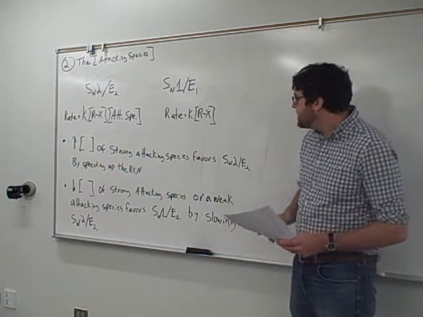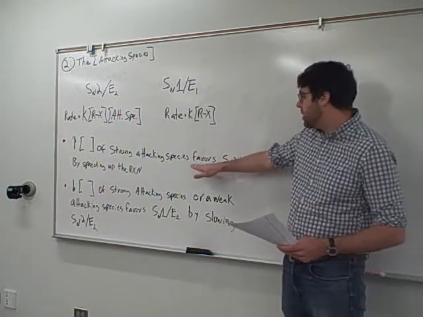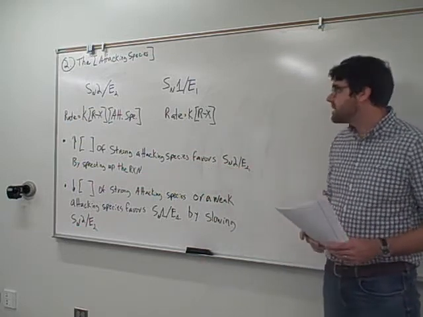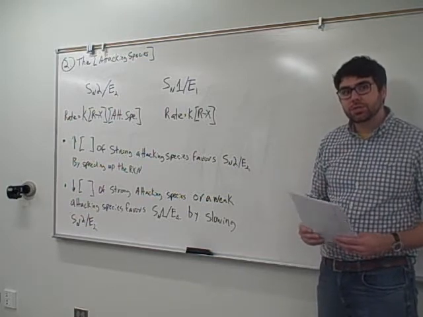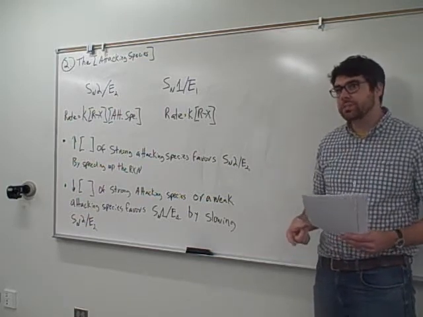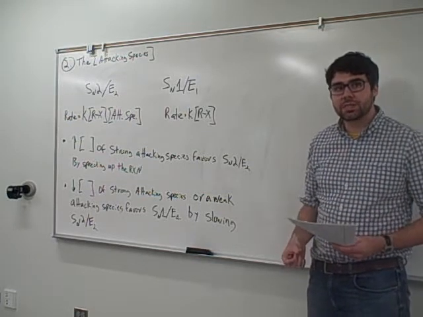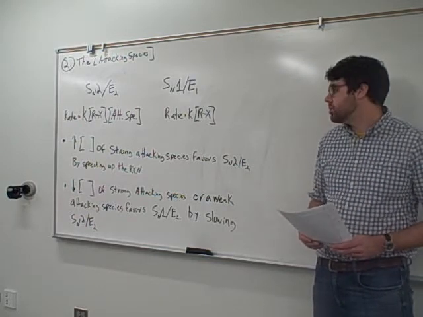We can see that a high concentration of strong attacking species favors the SN2 or E2 reaction by speeding up the rate. Essentially we're forming these products faster with this mechanism because there's a high concentration of attacking species, and the concentration of attacking species is directly proportional to the rate.